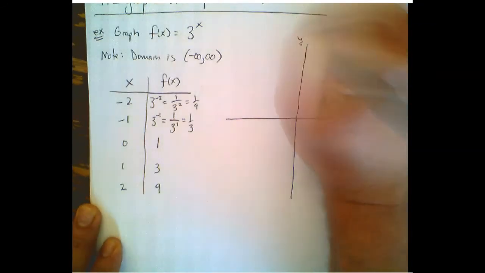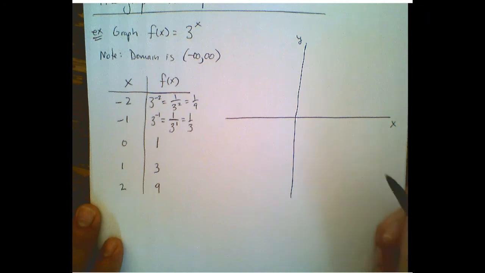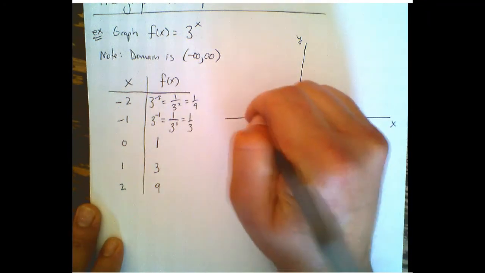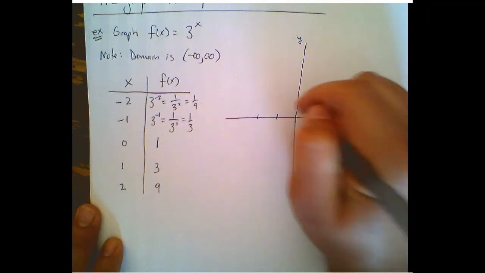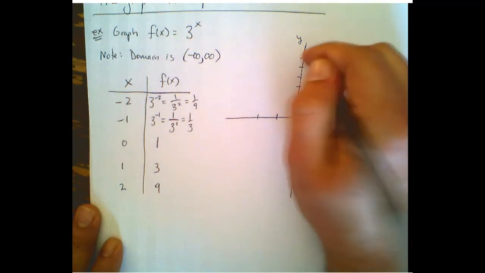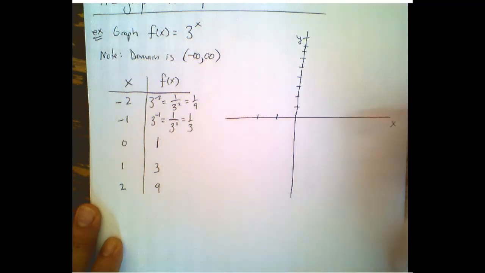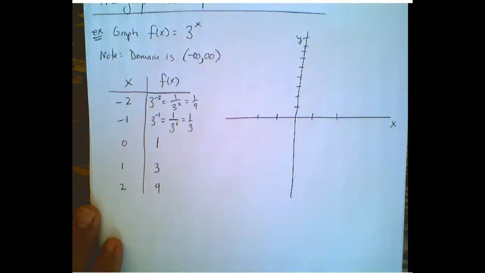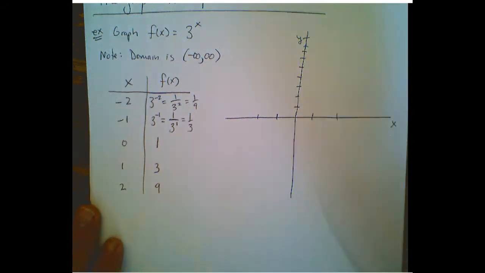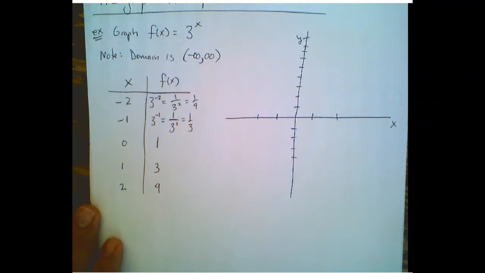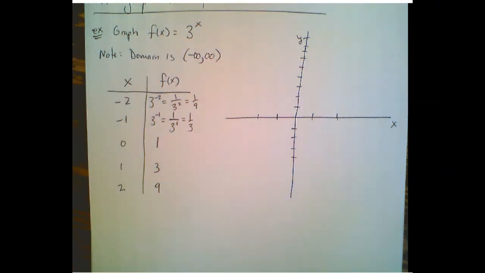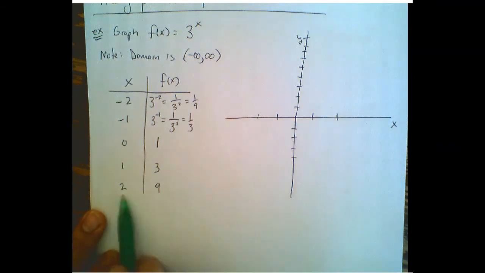X and y. And we need to go out to a few values here. Right, so let's start plotting our points here. So 2, 9 is a point.